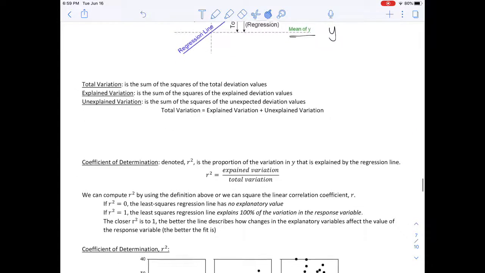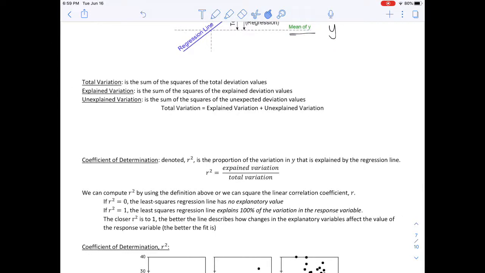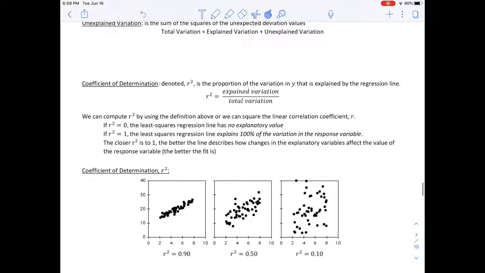Right below this, it says total variations, explained variations, and unexplained variations. For all of these, it's the sum of the squares of the total deviations, the explained deviations, or the unexplained deviation values. Next we have the coefficient of determination, which we call r squared, and we saw this earlier.